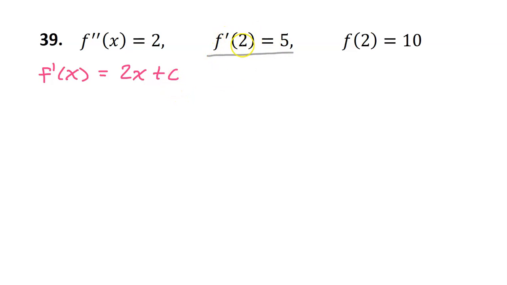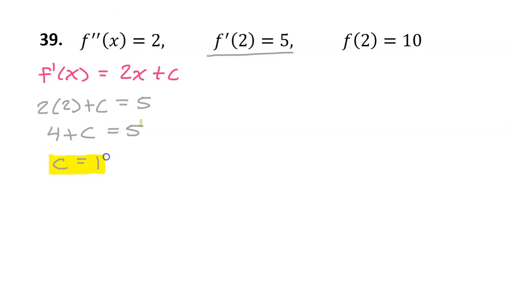So f prime at 2 is equal to 5. That means if I plug in 2 for x, it should equal 5. So this means that 4 plus c is equal to 5. Subtracting 4 from both sides, we have c is equal to 1.